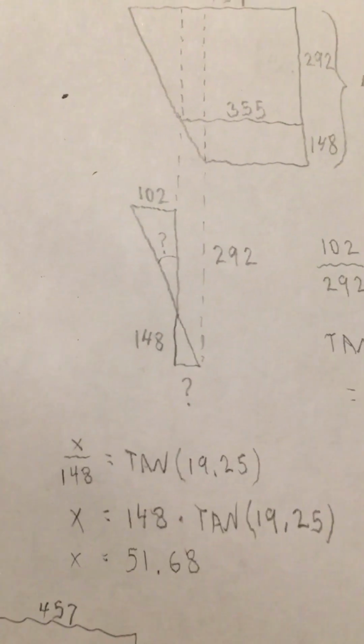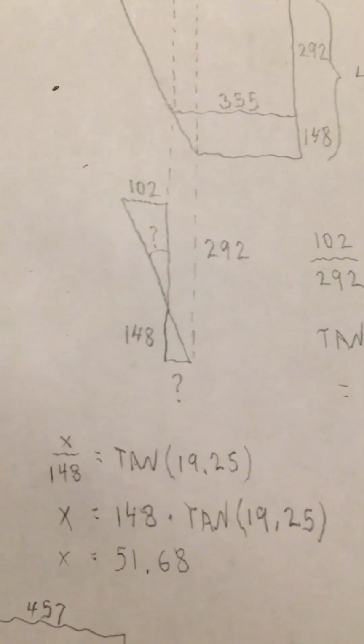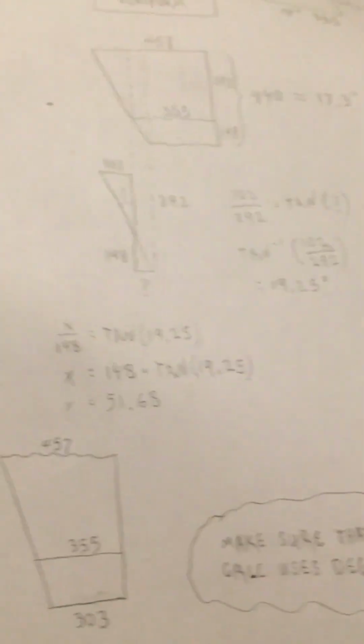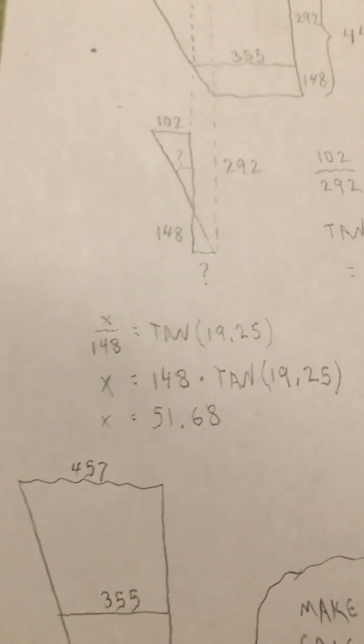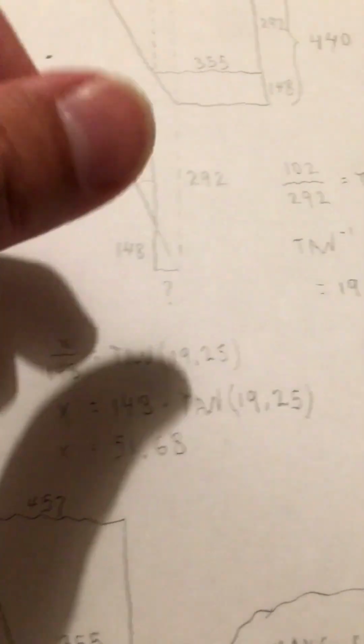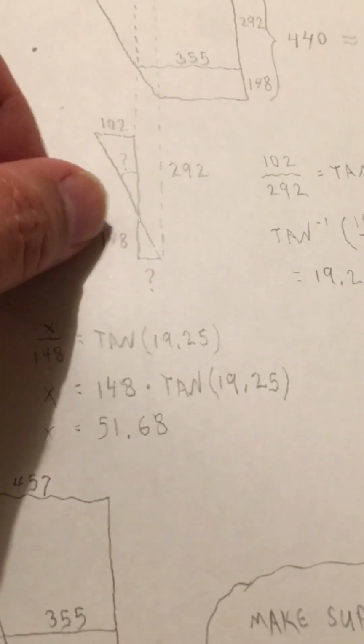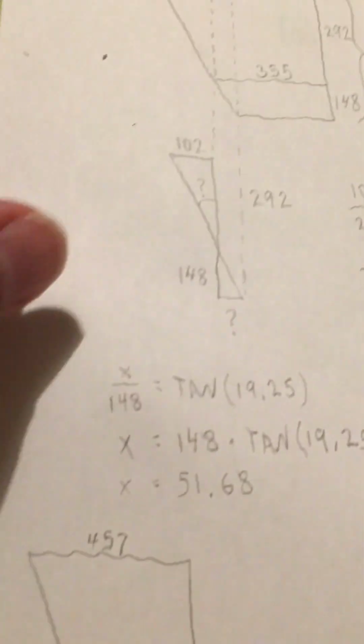So again, we use trigonometry, the TOA part of the SOHCAHTOA. What we have this time is, because we're dealing with this angle up here, the opposite is the one we want to find, and the adjacent is the 148.